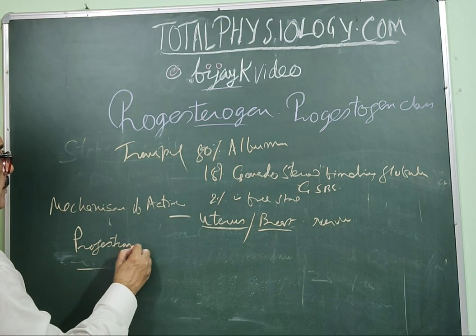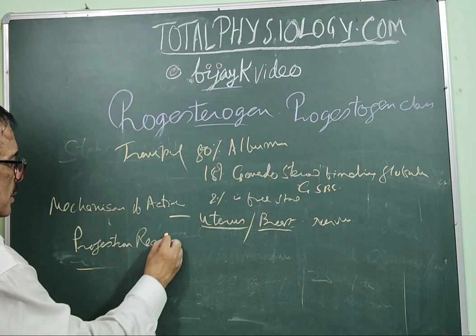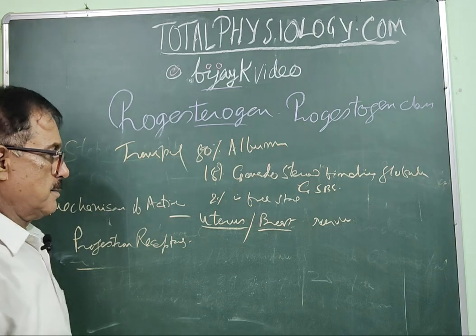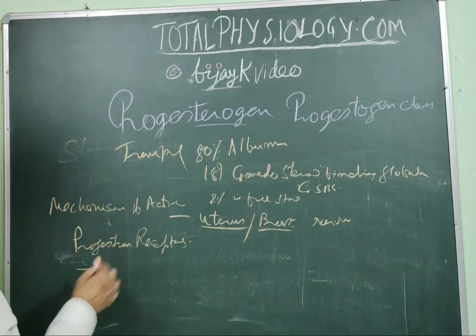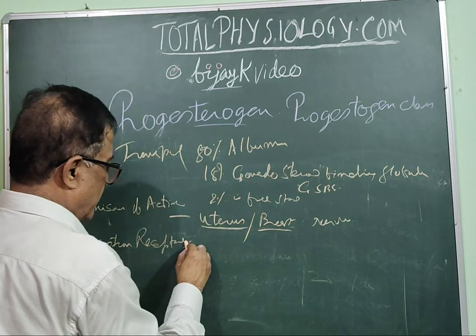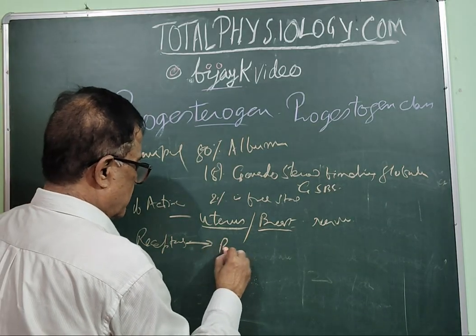Progesterone receptors are present in the cytoplasm of the cell, and will combine with progesterone.